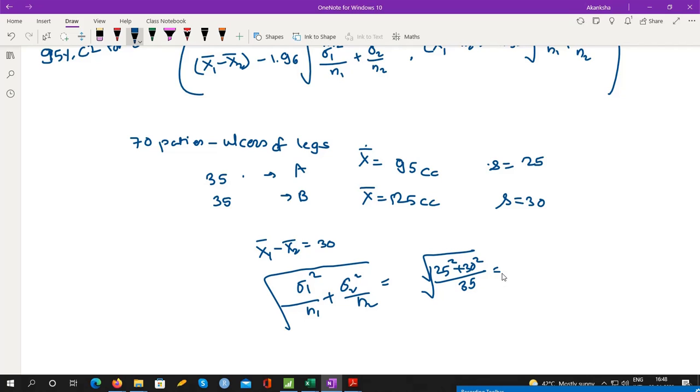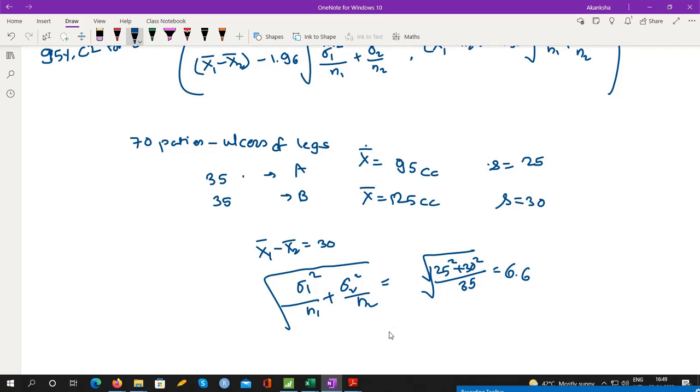625 plus 900. 625 plus 900 would be how much? 1525 divided by 35, and we have to take square root of that. So that turns out to be roughly 6.6.